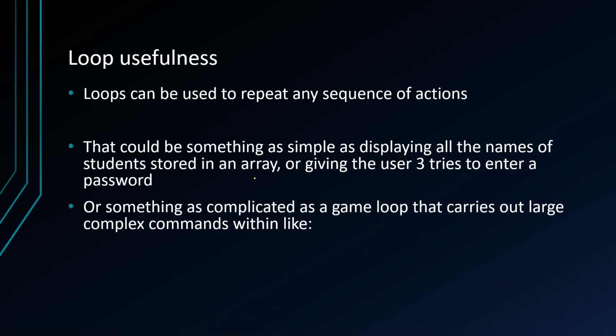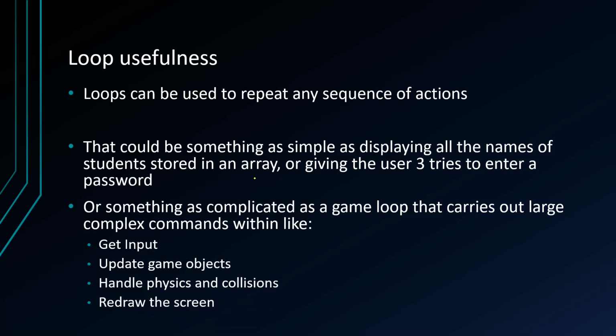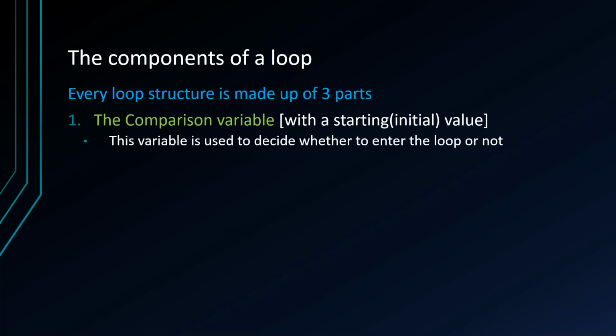Or something as complicated as a game loop that carries out large, complex commands within it. Things like get the user input, update all of the game objects, handle the physics, handle the collisions, redraw the screen. All of that happens within the game loop, which is much more complicated than just, say, printing out somebody's name. A little bit of a difference there.